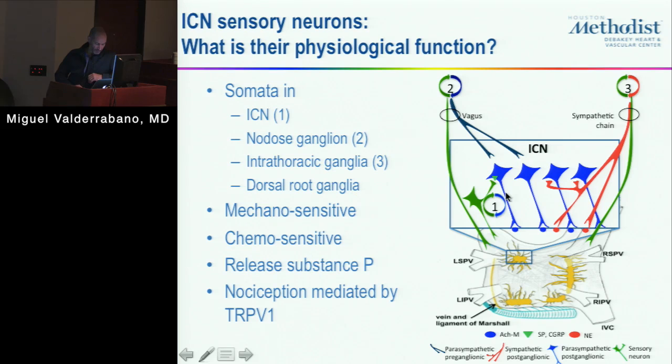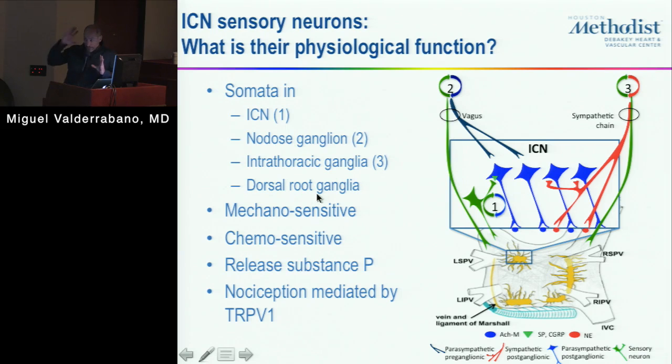As I mentioned, the plexi of nerves in the left atrium contain sensory neurons, and the sensory neurons have their somas in the ganglia, but also in the nodose ganglion, intrathoracic ganglion, and the dorsal root ganglia.